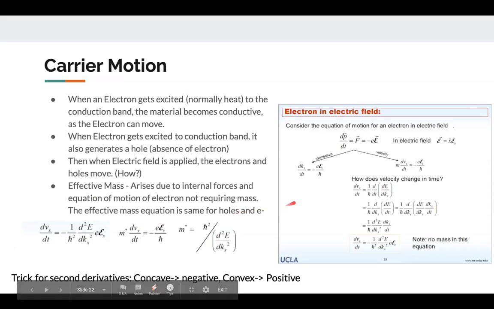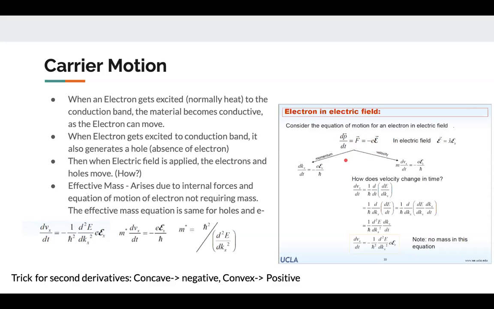Another way to see effective mass is to look at the equation of motion for an electron in an electric field, the equation that tells you how it moves. You have force, or the time derivative of momentum, equal to negative e times the electric field.